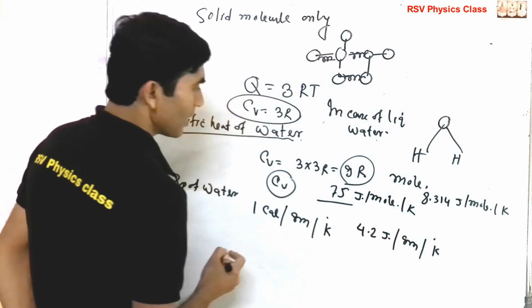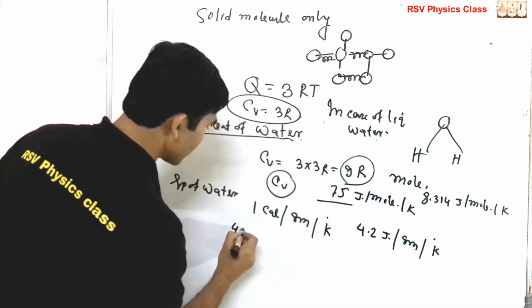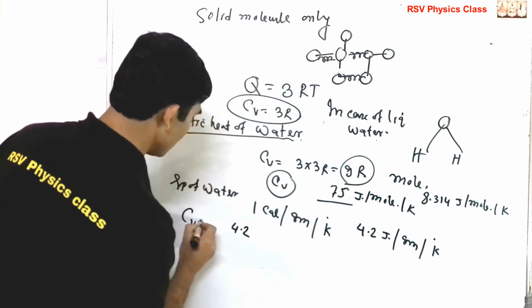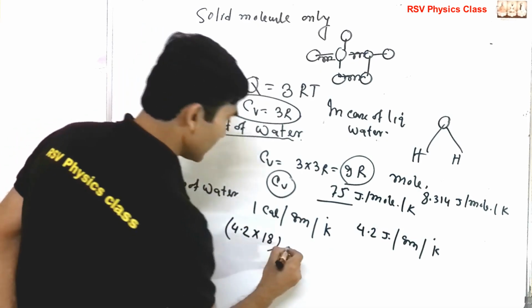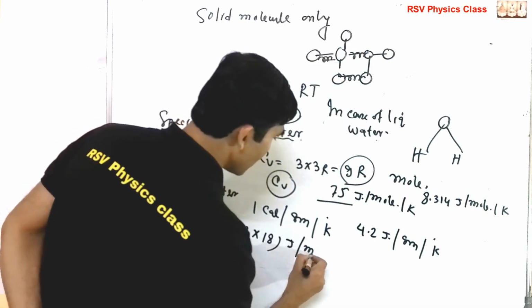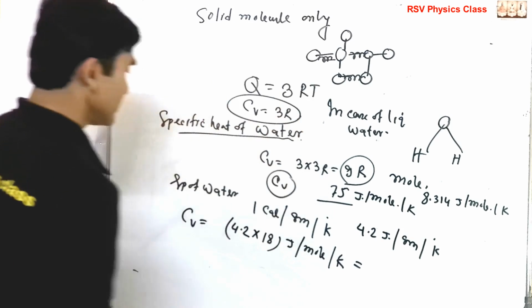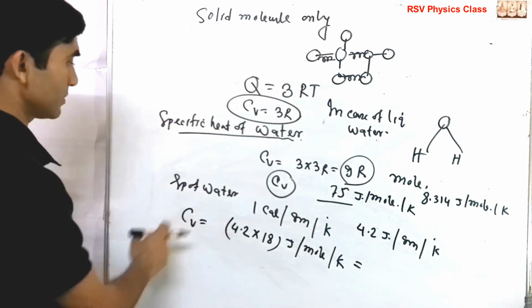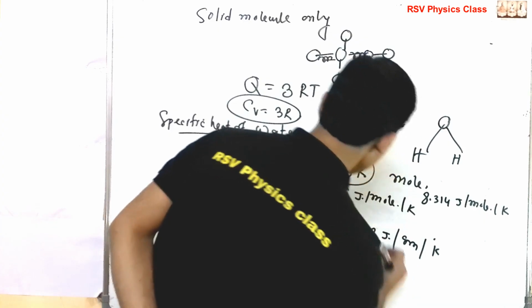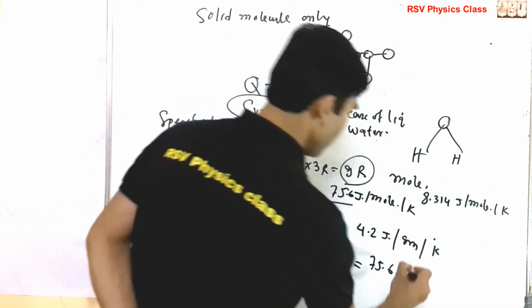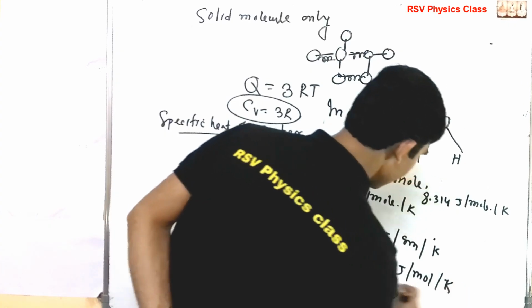So per mole, CV equal to 4.2 into 18 joule per mole per Kelvin. So how much it is, 75.6, इधर भी 75.6 के आसपास होगा, जूल पर मोल पर केल्विन.